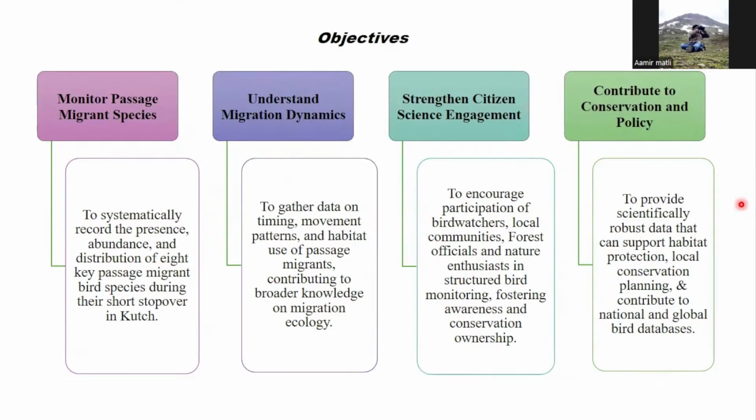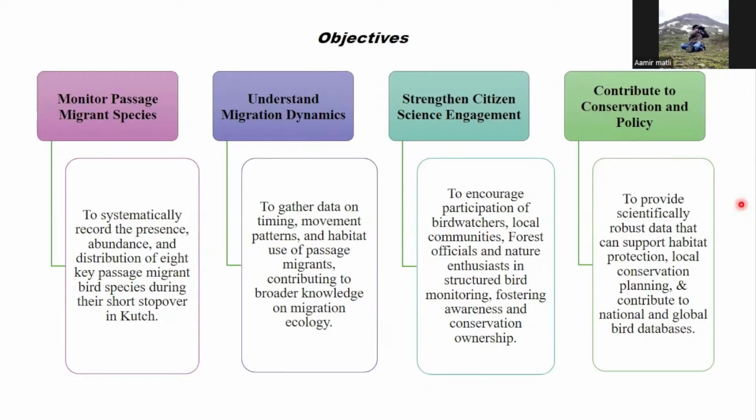Our main objective is to understand passage migration. Now, what do I mean by that? Not all migratory birds stay for the winter in India. Some are what we call passage migrants, which pass through India briefly, especially during autumn and spring, on their way from Asia to Africa. Think of it this way.